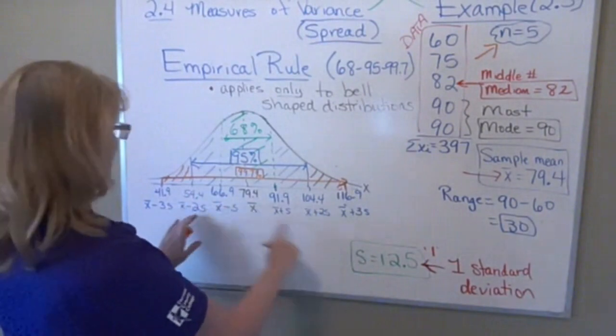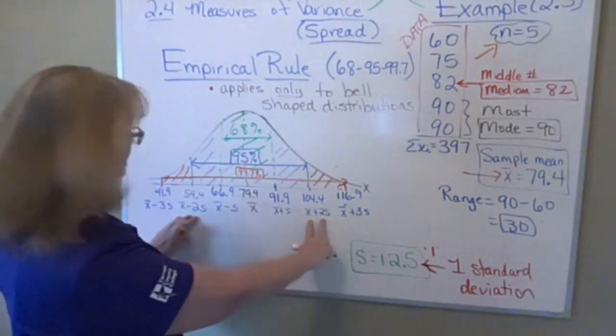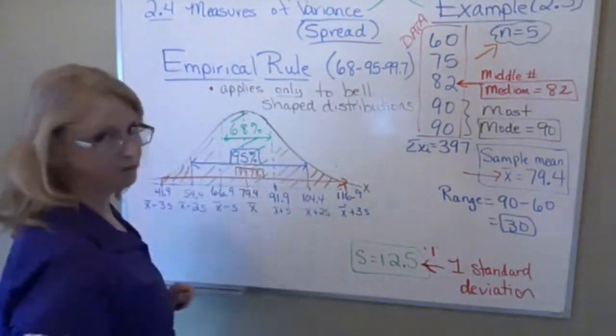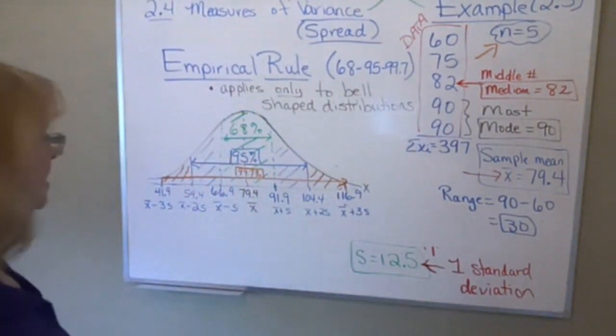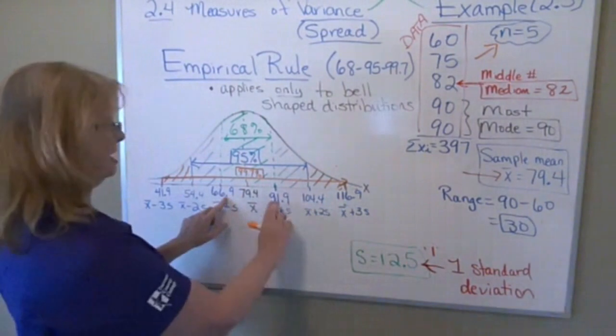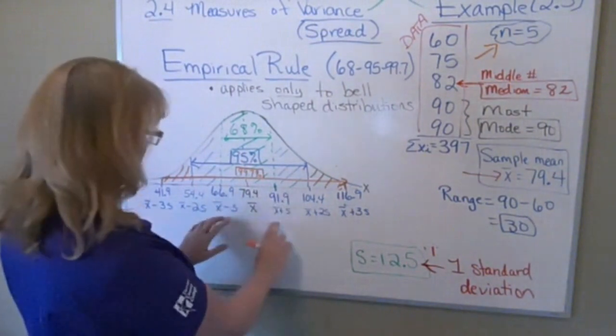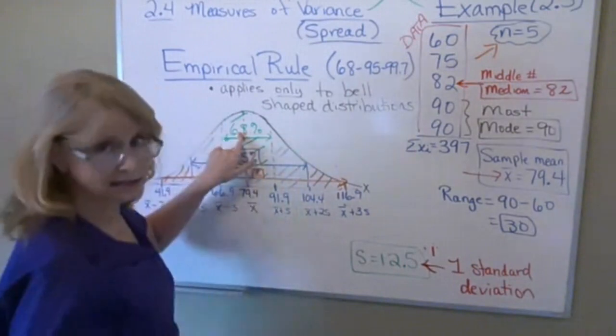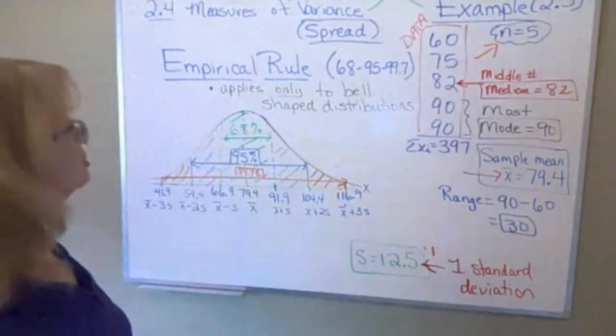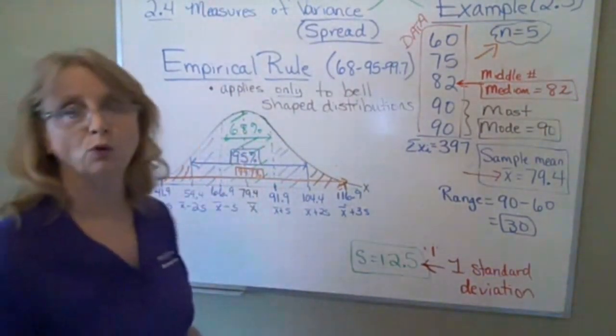You'd say, okay, well, that's the 2 standard deviations from the mean, so that's 95%. If I said, what percentage of the data values would be between 66.9 and 91.9? You'd say, okay, that's within 1 standard deviation of the mean, so that's the 68%. So this is how the empirical rule works.